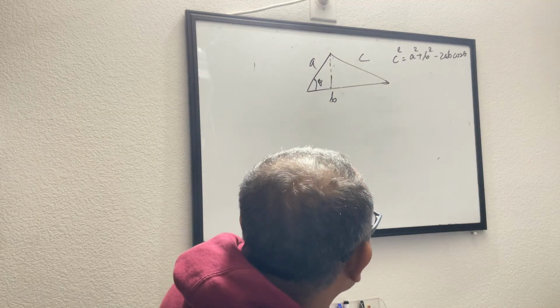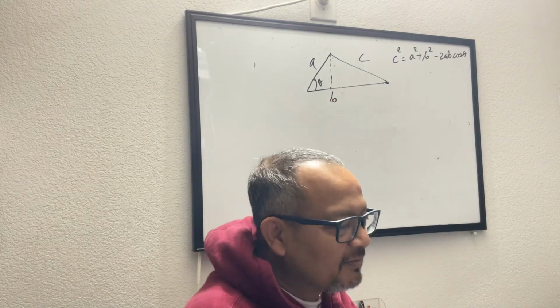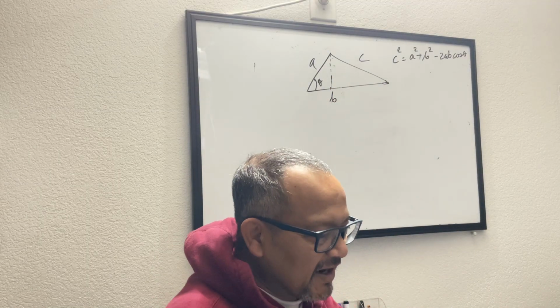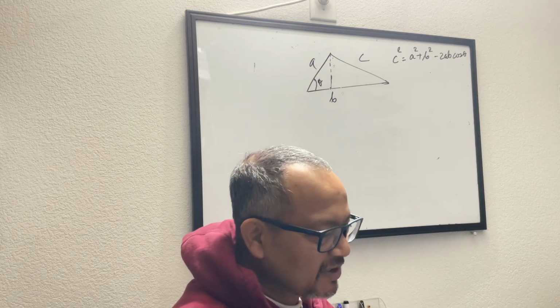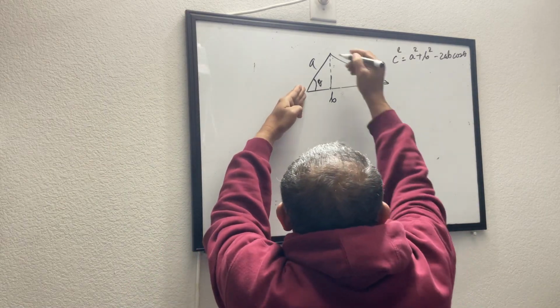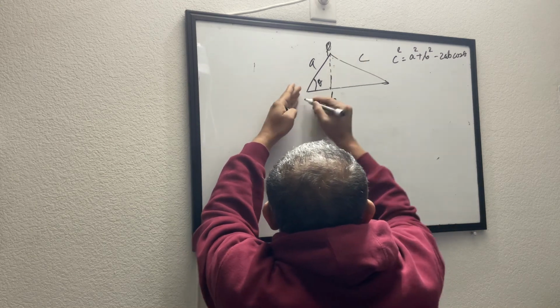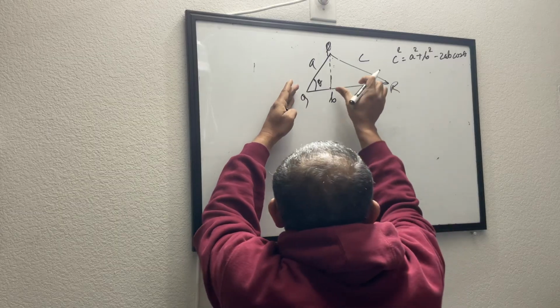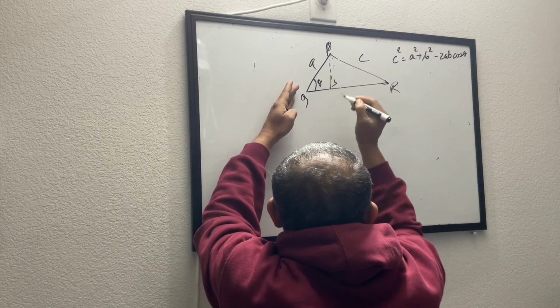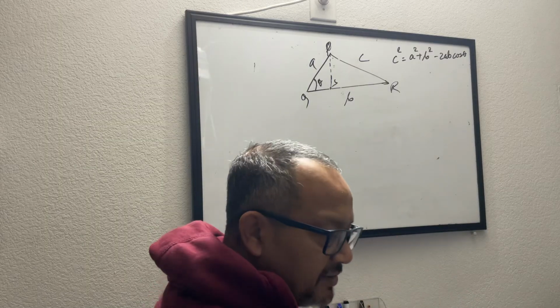So I will probably borrow help from the Pythagorean theorem to see how true this law of cosine is. So we have a triangle here. Let's say PQR, and where it drops a perpendicular, I'll give it a name S. And this side is B.